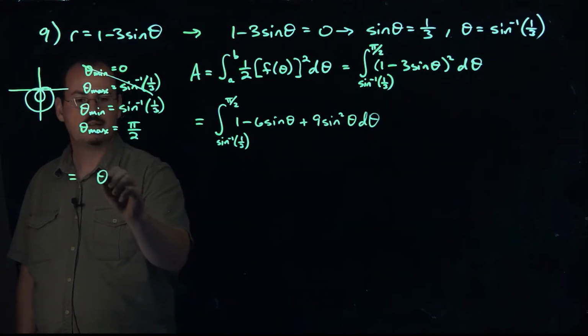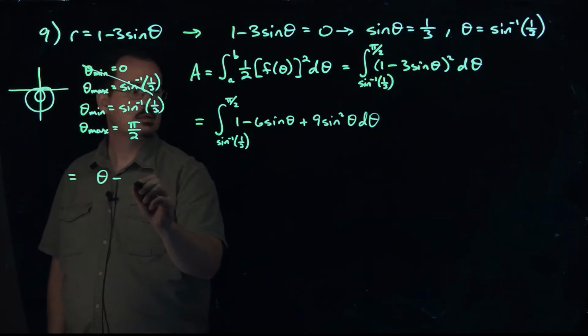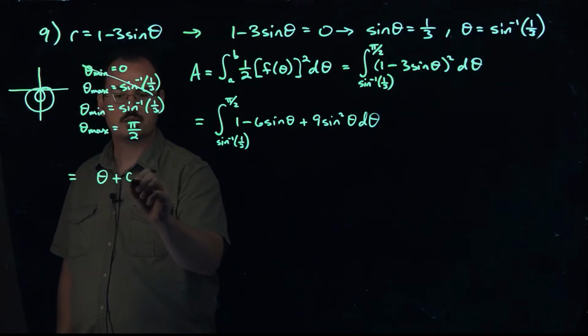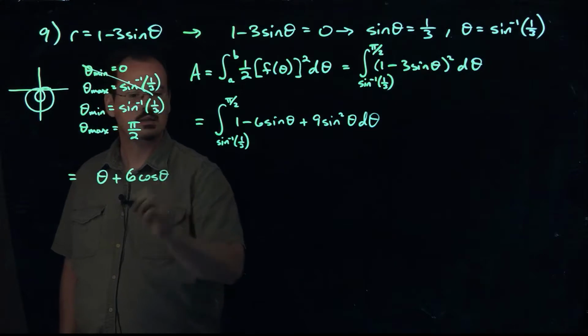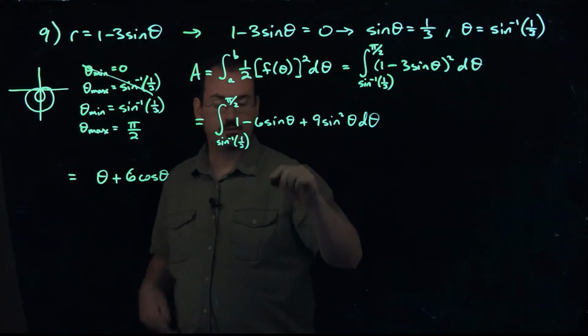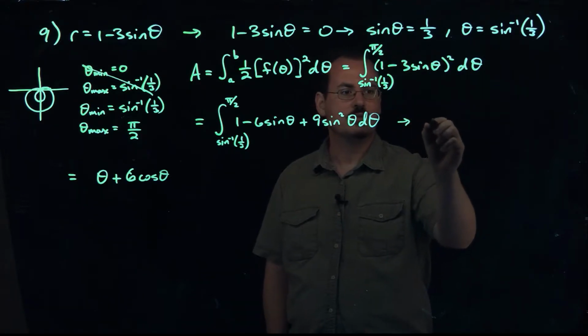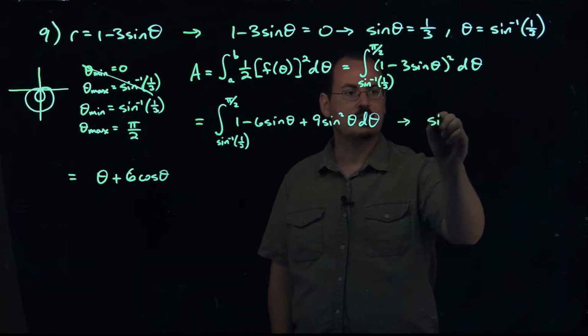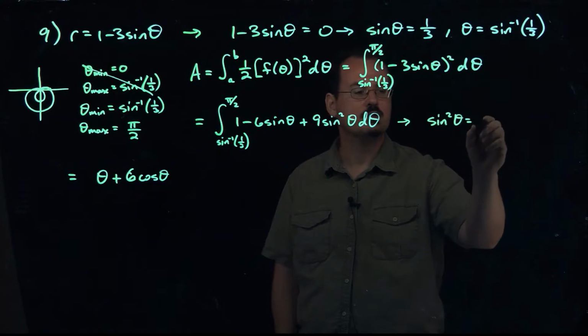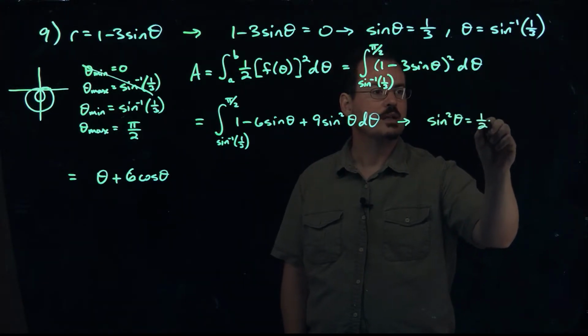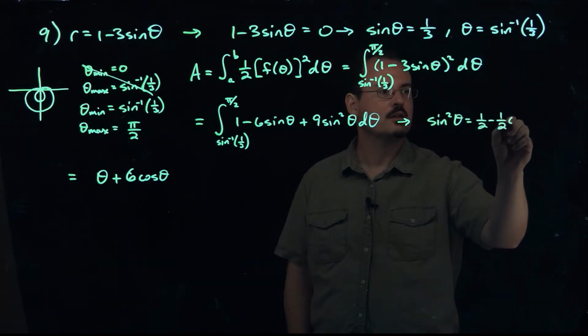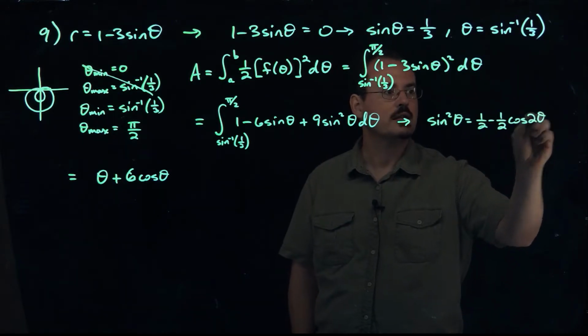That's going to be theta plus 6 cosine theta. And then for the 9 sine squared theta, let's recall that sine squared theta is equal to 1/2 minus 1/2 cosine 2 theta.